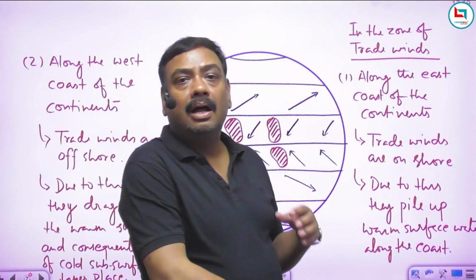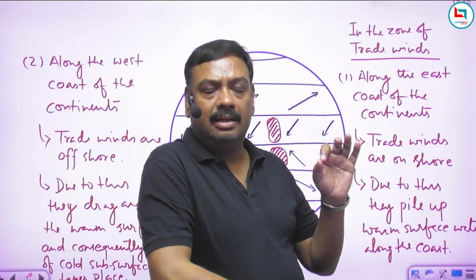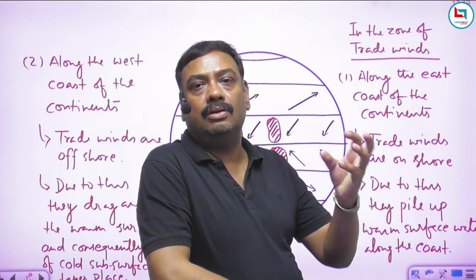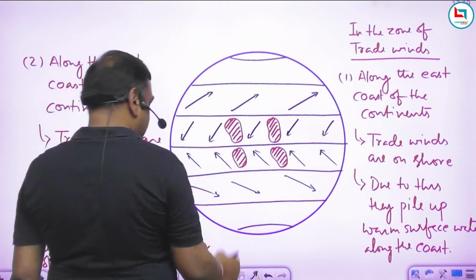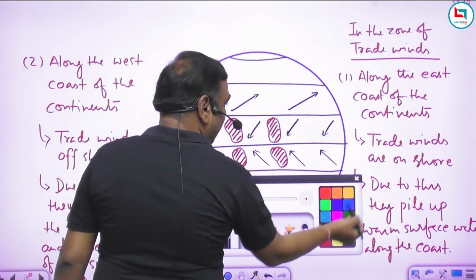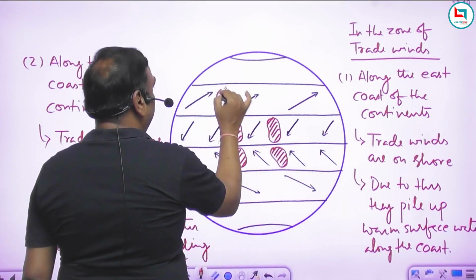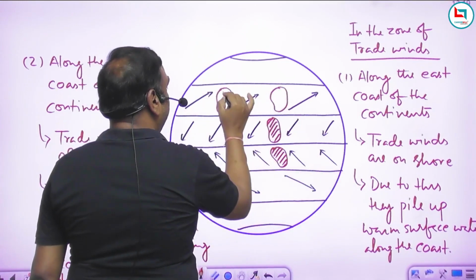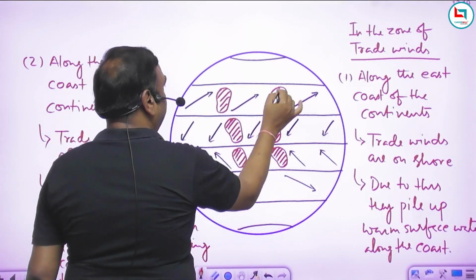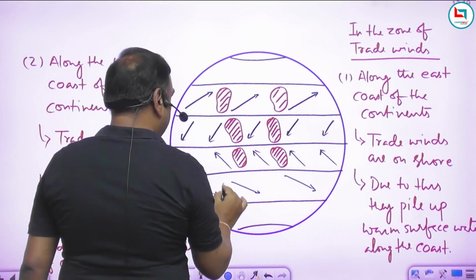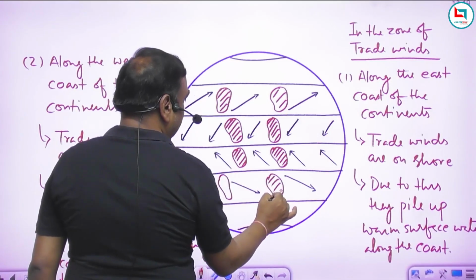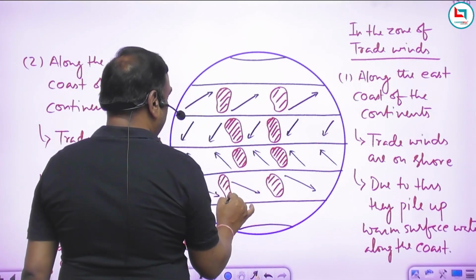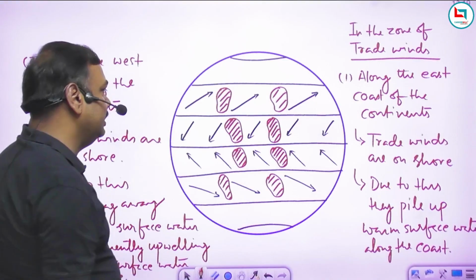You can write the same thing, just changing two things there, right? What is that? See here. If I consider again some parts of continents in the way of these westerlies.